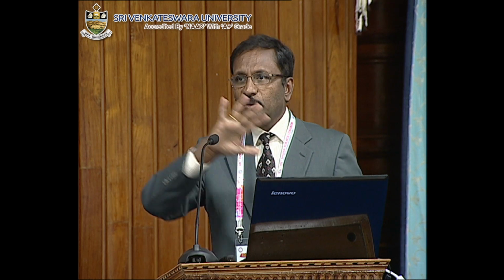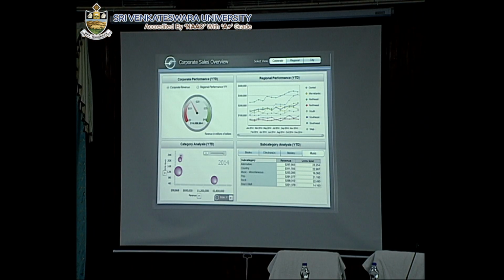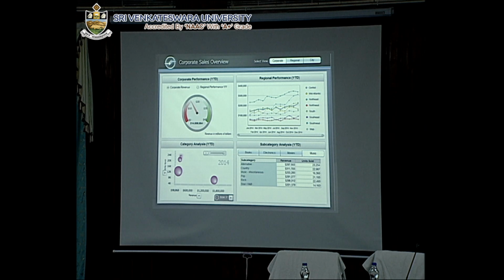So this is a corporate sales review. This is at the corporate level. You can see it gives more of a pictorial view, like how they are doing in the last 12 months, their sales, their product, their profit. If they want to move from the company level, from their enterprise level, to the region level, they can drill down.